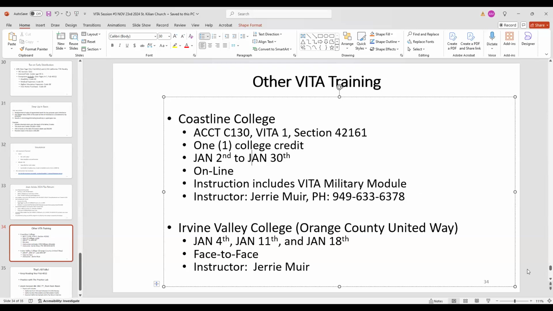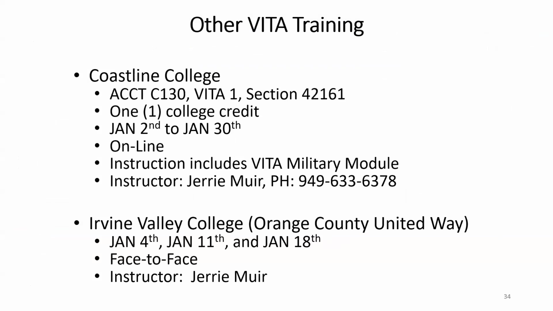All right, before we jump into the software, just want to point out a couple of things. We do have individuals that want to go through additional training, or sometimes they want to get refresher training. Here are two opportunities for you. If you're interested in going to a class, this is an online class. It's similar to what we're doing here, but there are some differences.